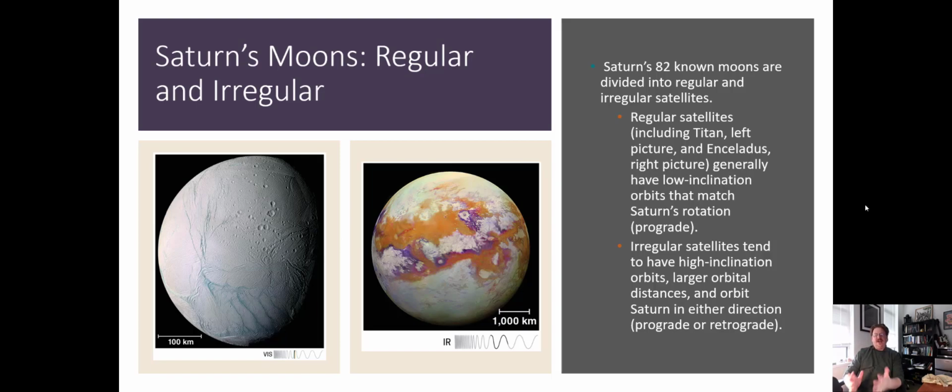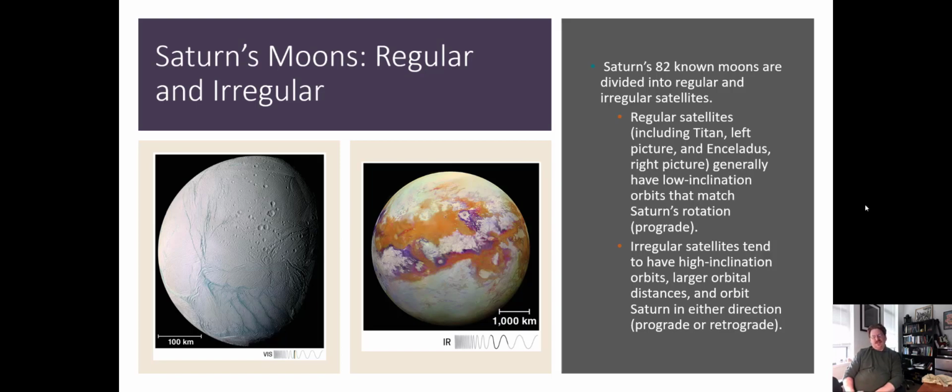These are divided into regular and irregular satellites. This classification actually covers all Jovian planets, but with Saturn you can see it more prominently. Regular satellites are satellites that rotate and revolve in a prograde way, meaning that they do so in the same way that Saturn rotates and revolves, counterclockwise as viewed from the north.